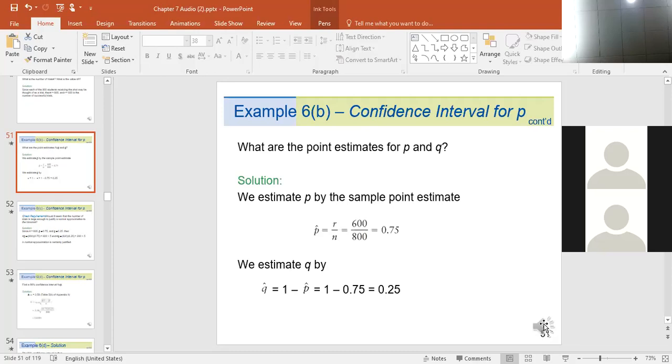Statistic is for sample. We use the sample proportion. This is a very simple question, but we want to know the simple ones.